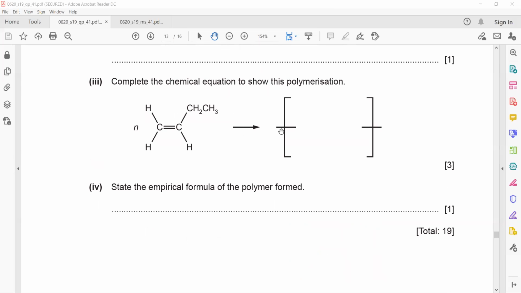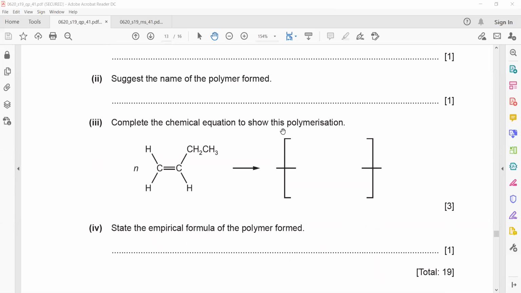What is the empirical formula of the polymer? For an addition polymer, the monomer and polymer both have the same empirical formula. So what is the empirical formula of the monomer? Empirical formula means the formula which represents the simplest ratio. So C4H8 is the molecular formula, and the empirical formula is CH2.